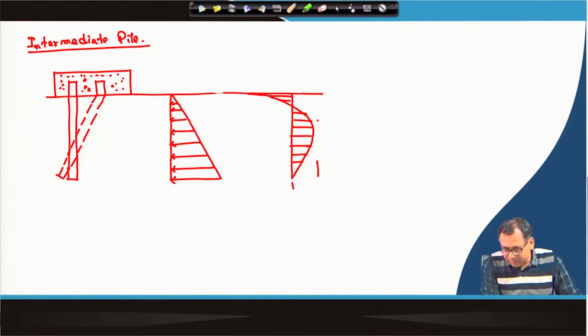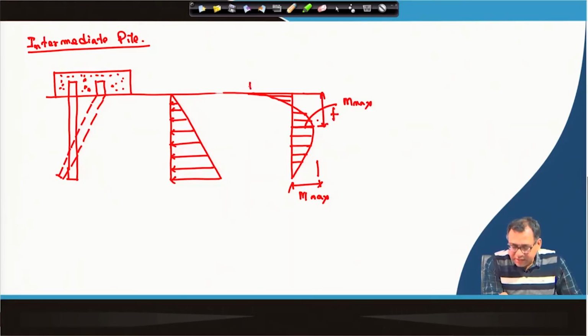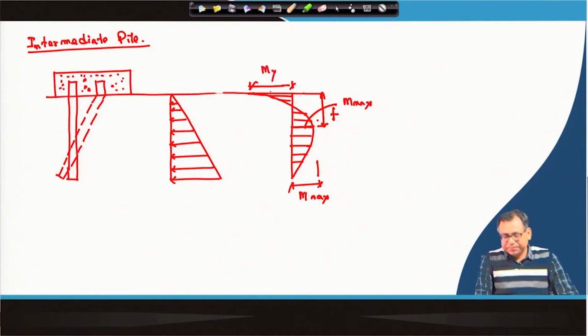So, this value is M max, and this distance is f from the surface, and this value is M y.